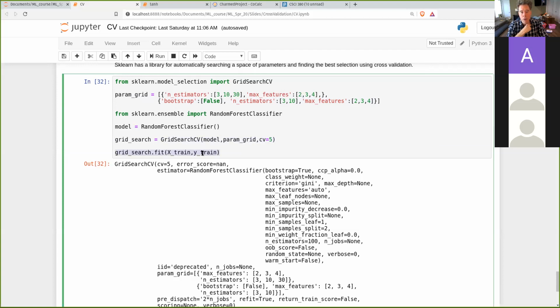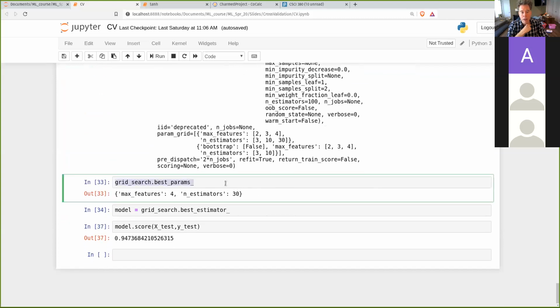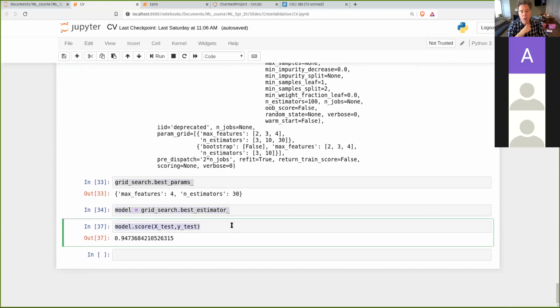You fit the training data, and it automatically tells you what the best parameters are. You can get the best model out, and then get the score of the best model, which turns out not to do as well as the support vector machine in this case. All right, any questions about that?